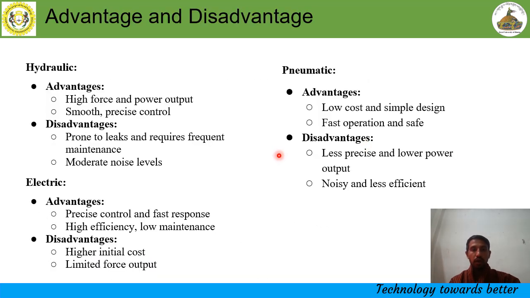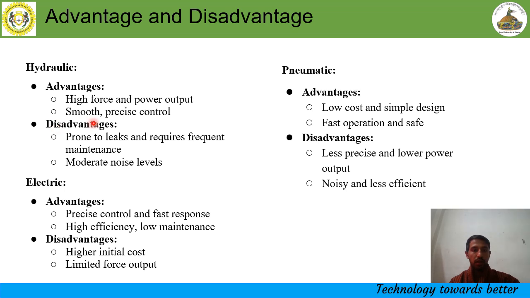Now let us discuss the advantages and disadvantages of different types of actuators. First one is the hydraulic actuator. Advantages: high force and power outputs, and they are smooth, precise, and controllable actuators.